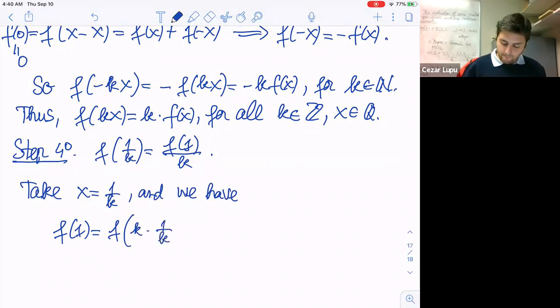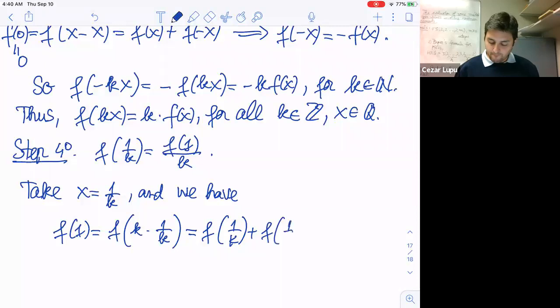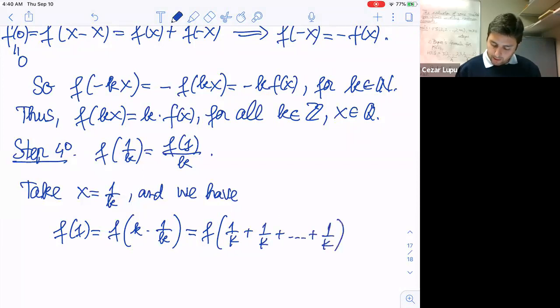But now pay attention. This is tricky up here. This is f of 1 over k plus 1 over k plus 1 over k, and I have k terms here.